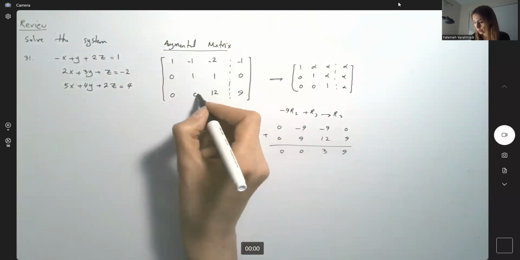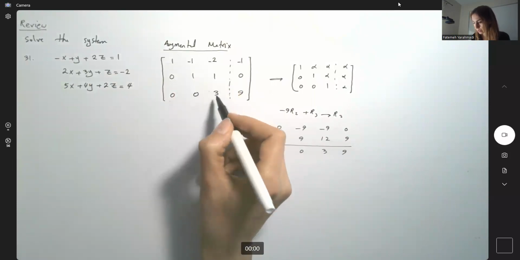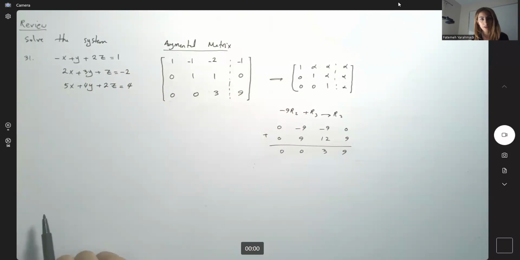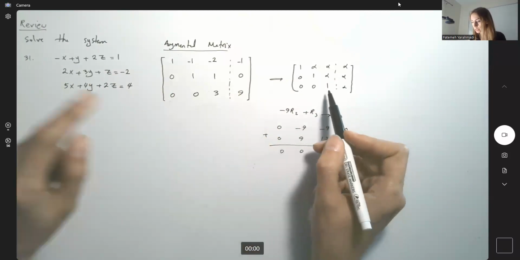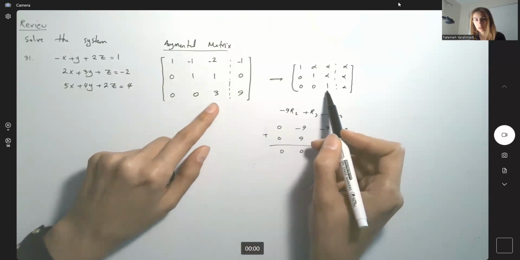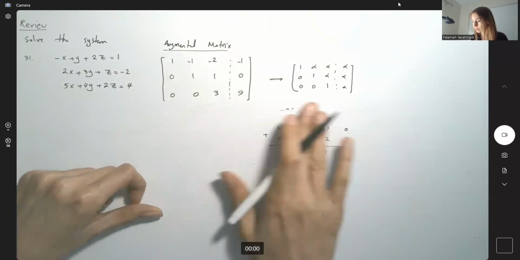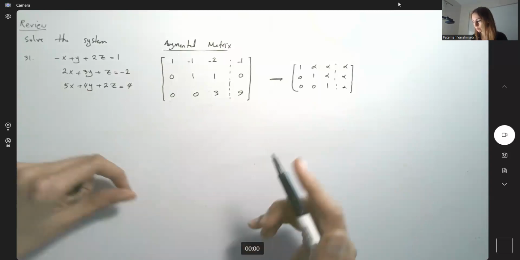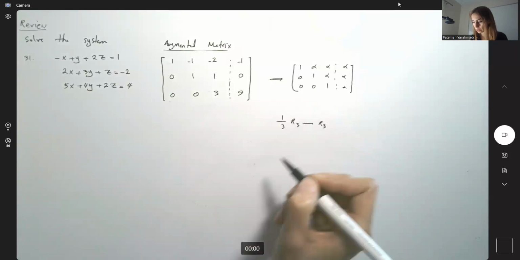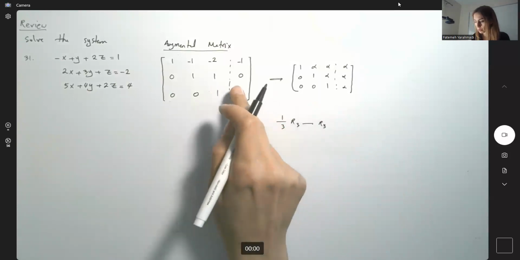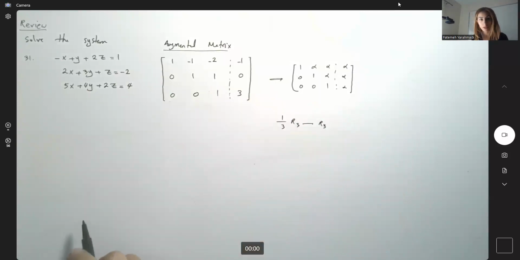So 0, 3, and this guy stays the same as 9. Well, am I done yet? No, we need to convert this guy into 1 as well. So this is easy. We're going to just multiply the last row by a third. And this is going to be your 1/3. So this is just obviously 1, and this is obviously 3.